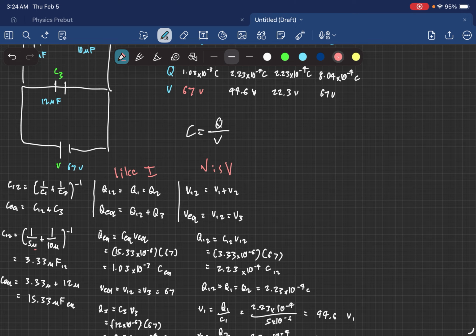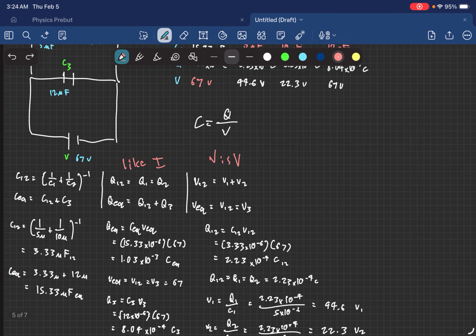You don't have to convert them just yet. You convert them when you're dealing with other values. I'll show you later. So let's have 1 over 5 micro plus 1 over 10 micro, raised to negative 1. We have our C12, which is 3.33 microfarads.